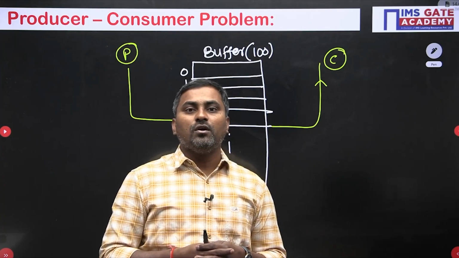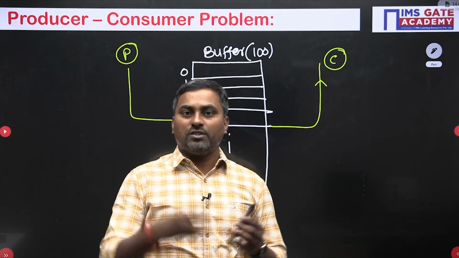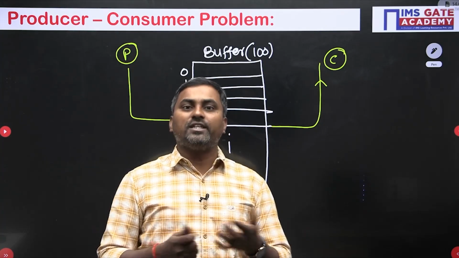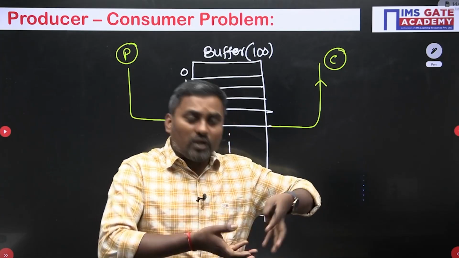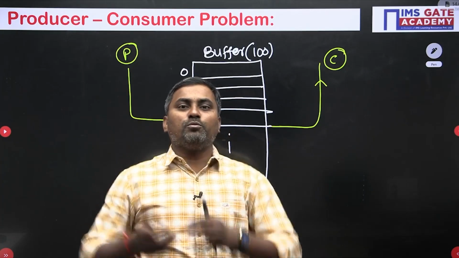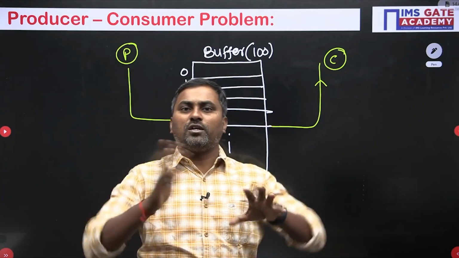The lexical analyzer generates the tokens requested by the syntax analyzer. These tokens are placed in the buffer, which are consumed by the syntax analyzer. These 2 are continuous processes, which keep on producing and consuming.